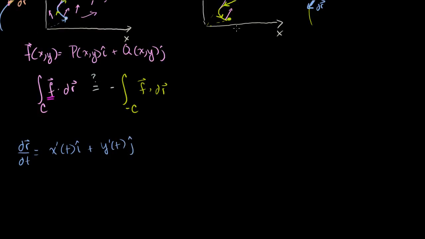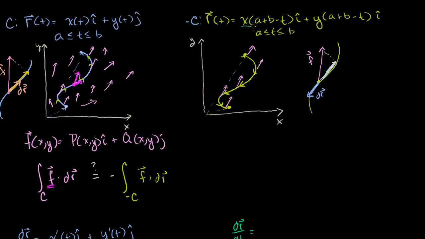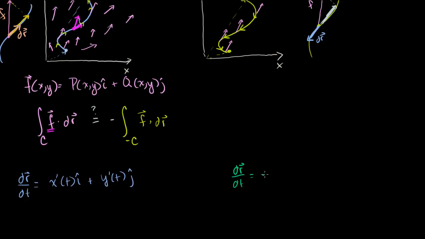In this other example, in the reverse case, our dr/dt is going to be, what's it going to be equal to? It's the derivative of x with respect to t. The derivative of this term with respect to t, that's the derivative of the inside, which is minus 1, times the derivative of the outside with respect to the inside. So that's going to be minus 1 times x prime of a plus b minus t times i.